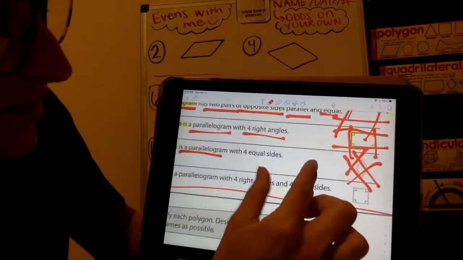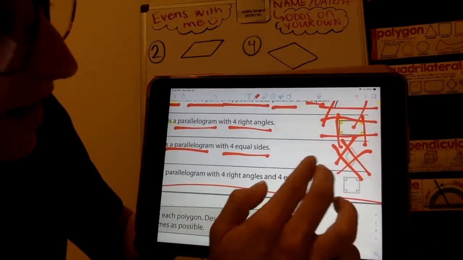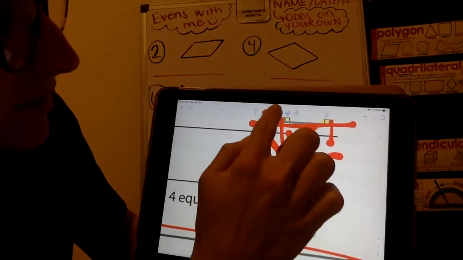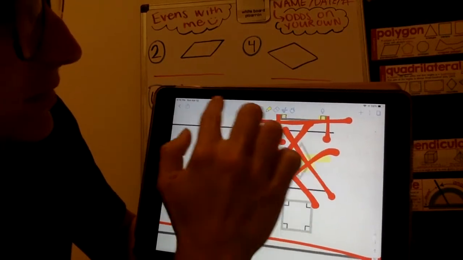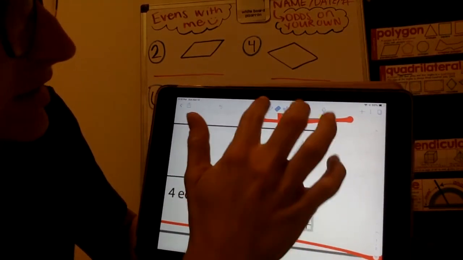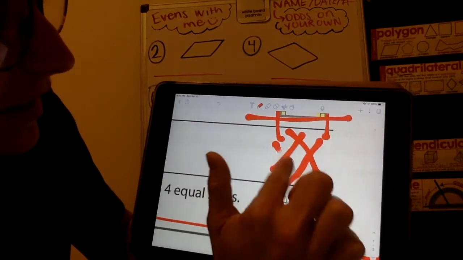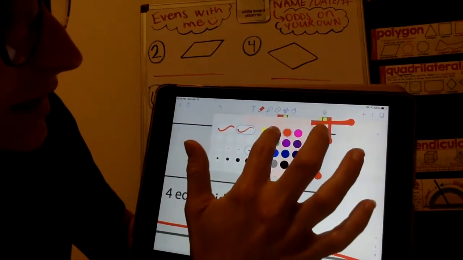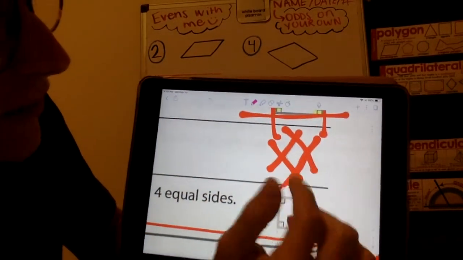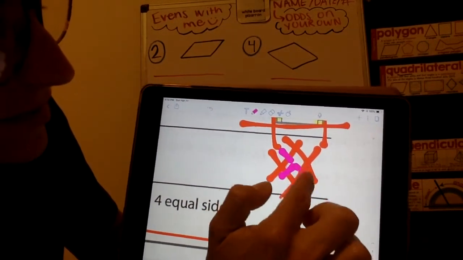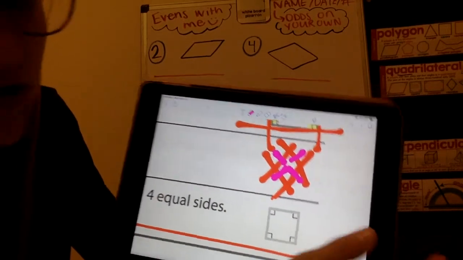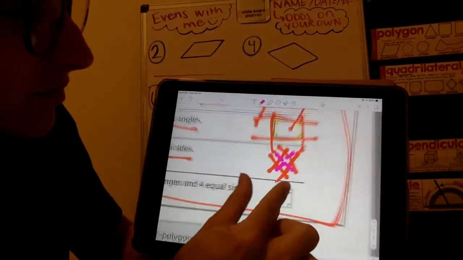But the little twist with this one is that there are four equal sides. There's one set of parallel lines, that's what makes it a parallelogram. And now what makes a rhombus a little bit different and unique is that all the sides are equal. And that's what those lines show you, that the sides are equal.